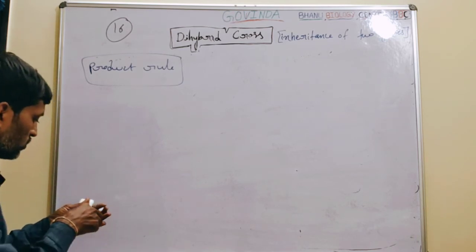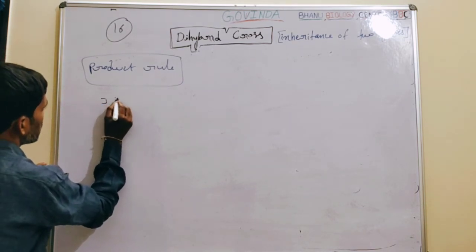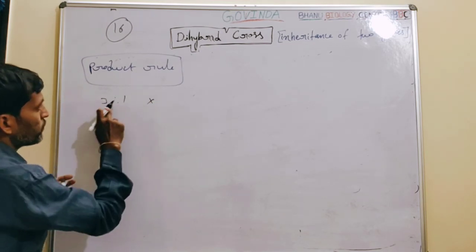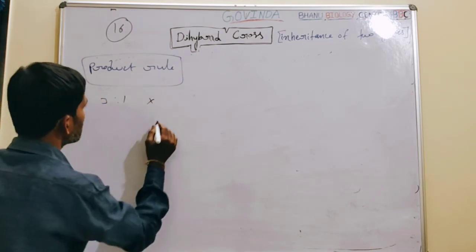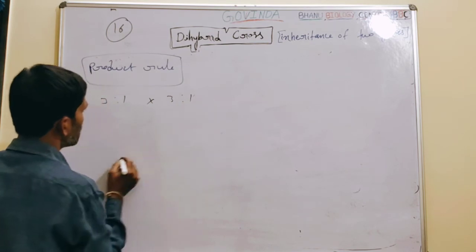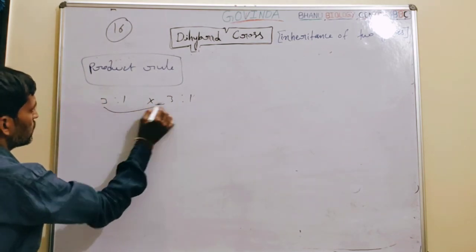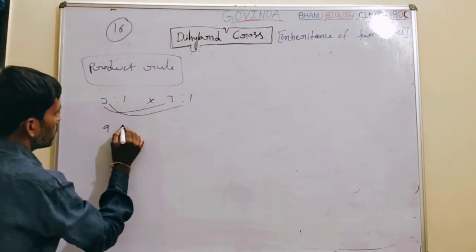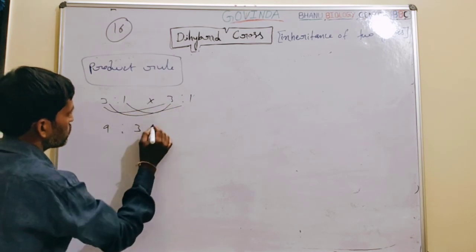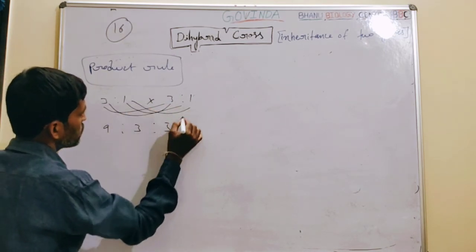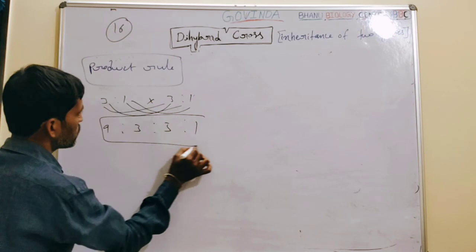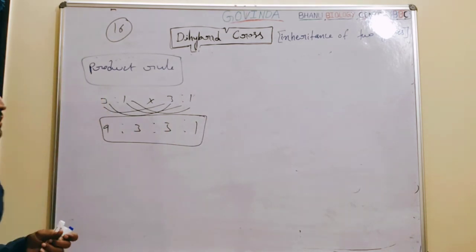That is called product rule. For example, 3:1 is the phenotype ratio in the monohybrid cross. Then multiply with the same. So 3 times 3 is 9, 3 times 1 is 3, 1 times 3 is 3, then 1 times 1 is 1. So 9:3:3:1 is the phenotype ratio of the dihybrid cross.